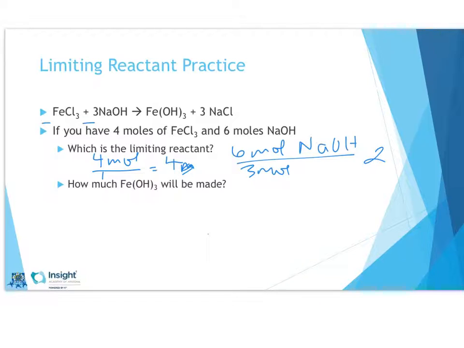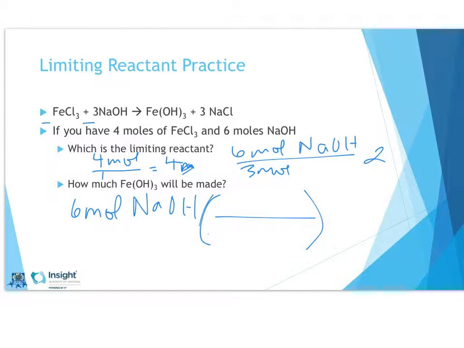But I'm just saying that to simplify the thought for you. And then I have enough FeCl3 for 4 reactions. So once I get through 2, I'm going to be out of NaOH. So that means I'm going to use the 6 moles of NaOH, because that's my limiting reactant, to figure out how much of the iron hydroxide I'm going to make.